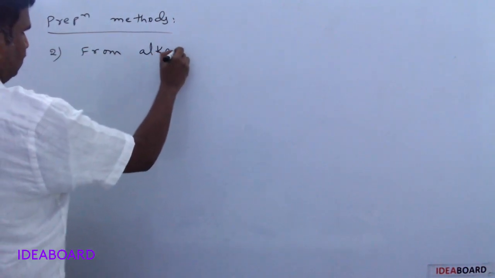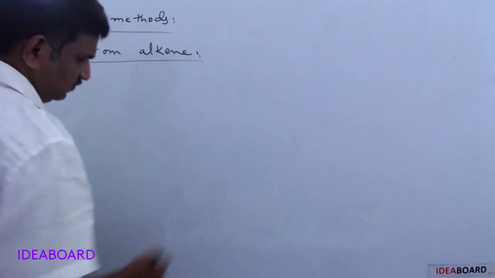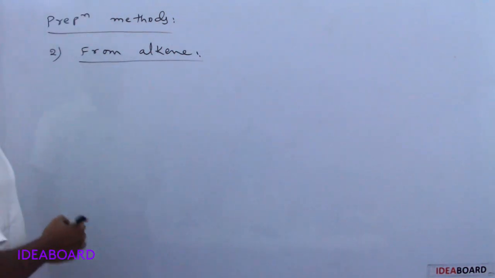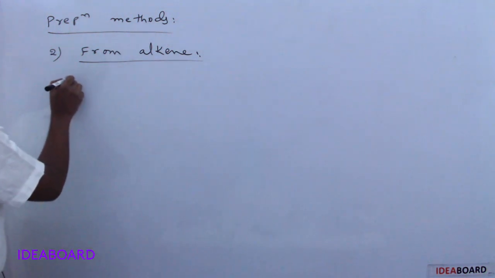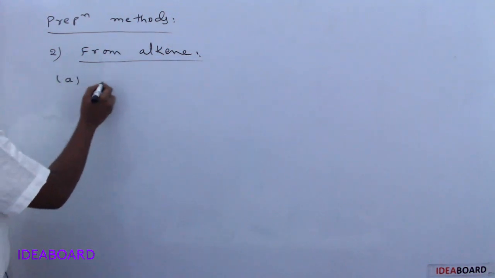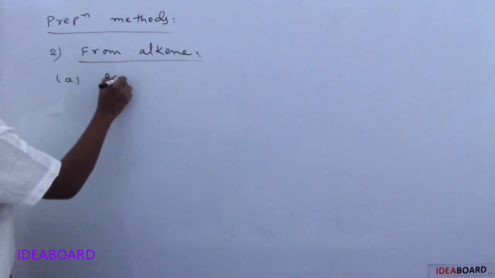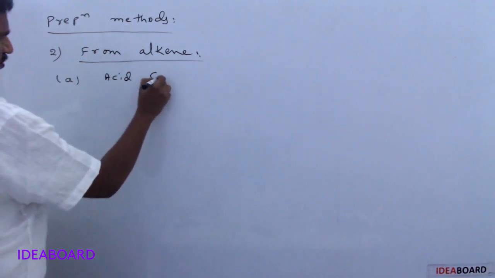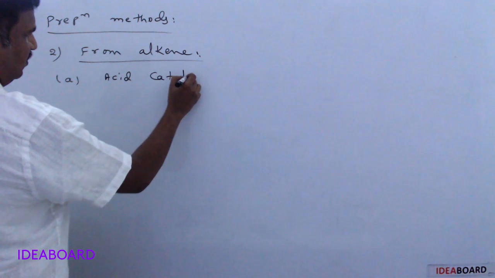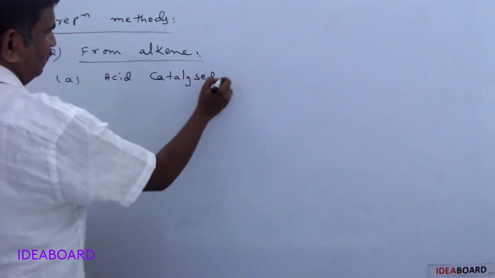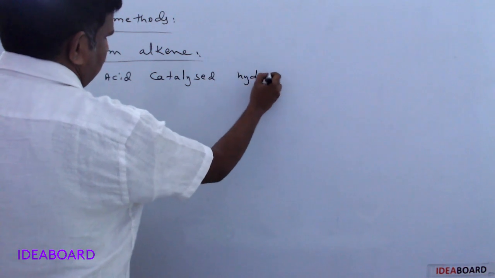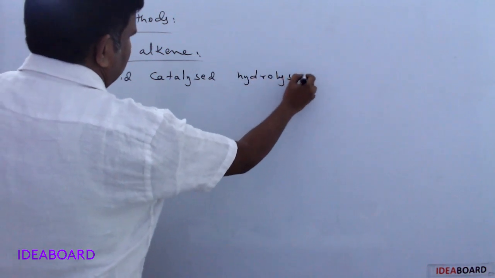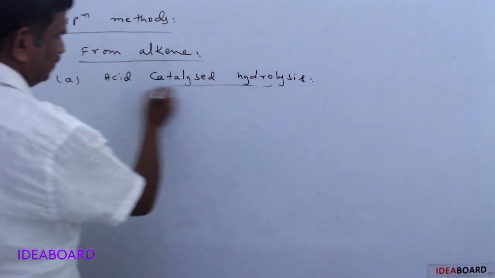Here, from alkenes, we have three methods for the preparation of alcohols. The first one is called acid catalyzed hydrolysis. Here, the acid catalyzed hydrolysis process.